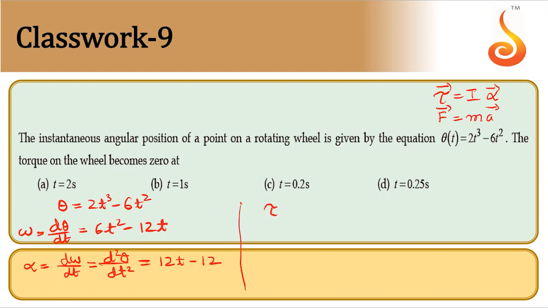So torque is equal to 0 when alpha is equal to 0. So which means 12t minus 12 equals 0. So 12t equals 12, t equals 1 second. That is option B.